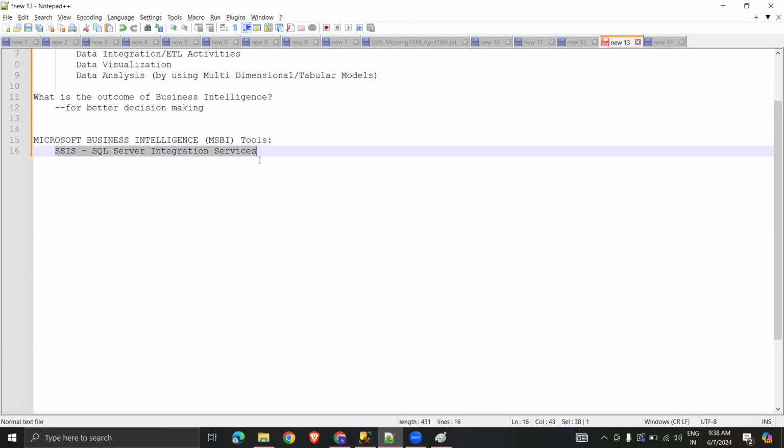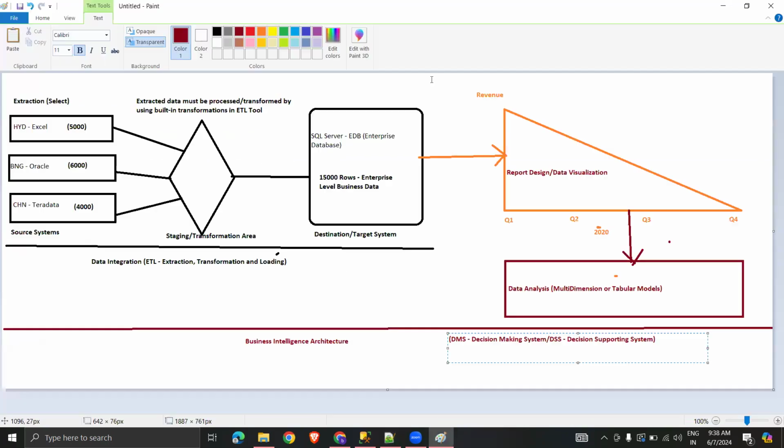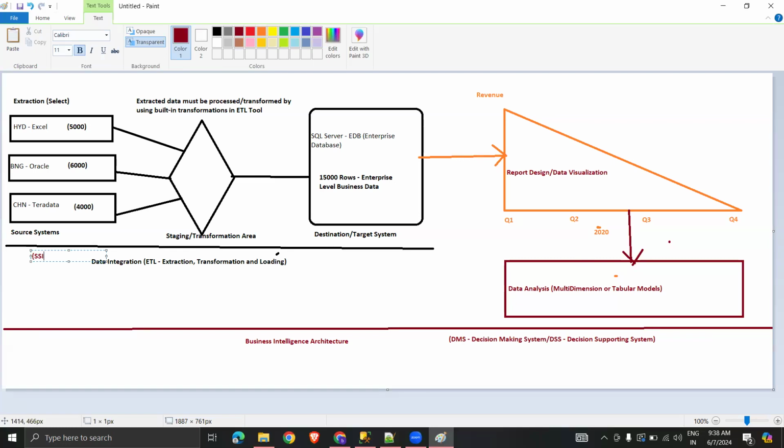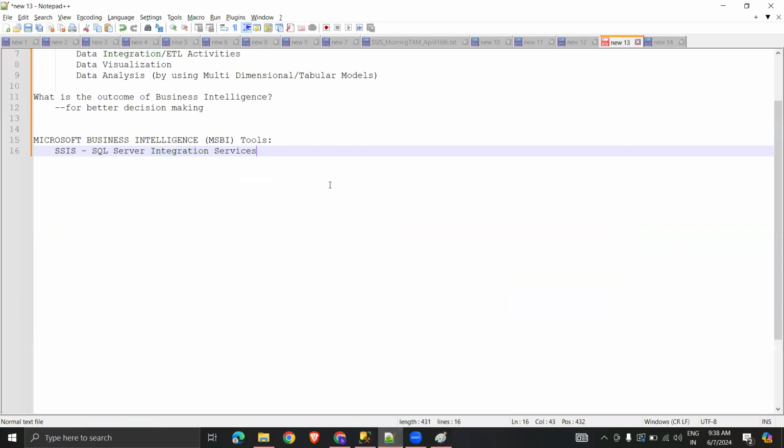Being a BI tool, where exactly does it come into the picture in the total diagram? What activities can be achieved by using SSIS? Data integration. I stands for integration. Data integration and ETL activities can be achieved by using SSIS. The name itself clearly states that I stands for integration. So this is our data integration and ETL tool.